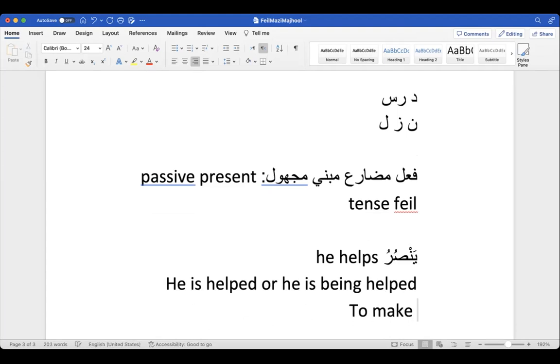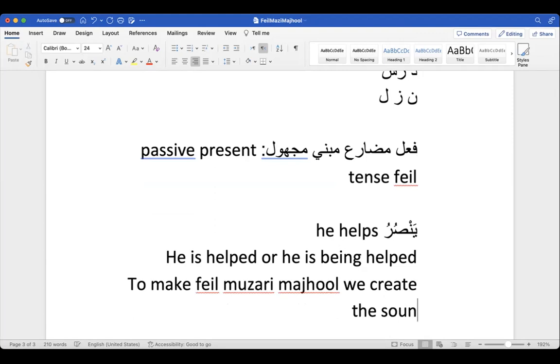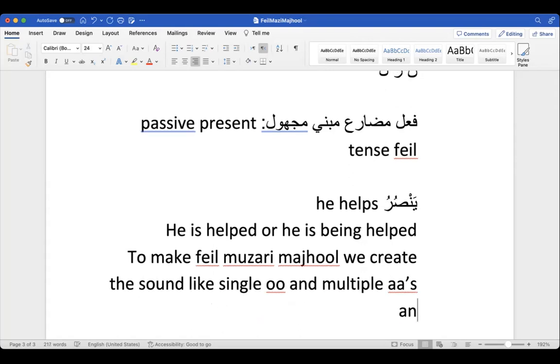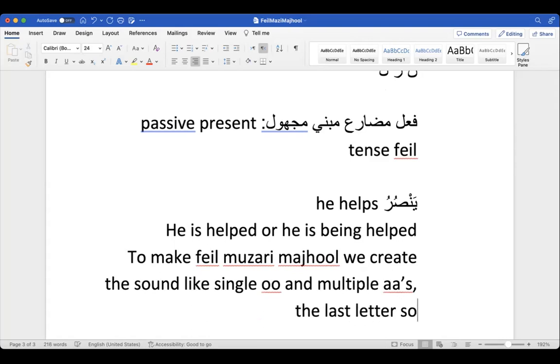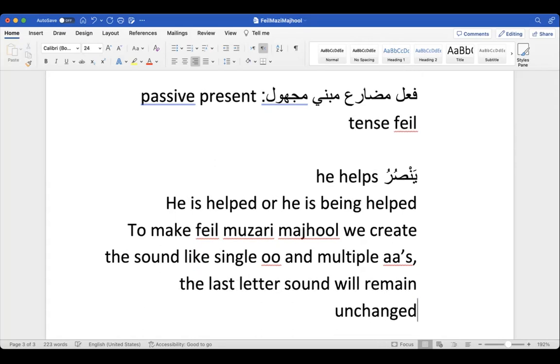So to make Fail Muzari Majhool, okay, we create a sound like single U, okay, and multiple A's, okay, and the last letter sound will remain unchanged, like Fail Majhul Mazi.